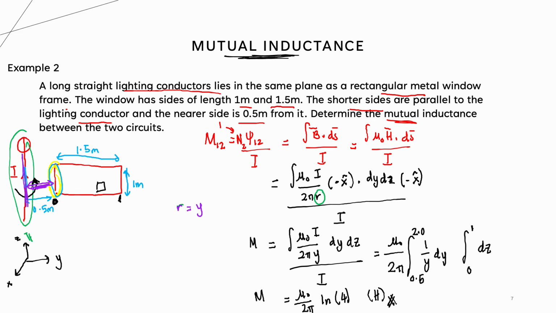What you need to know is where the source is. Usually the one carrying current becomes the source, and please remember, the flux is the flux from the source to our next point of interest, because it is mutual inductance. So please remember.